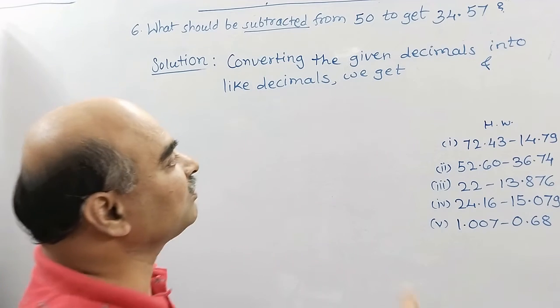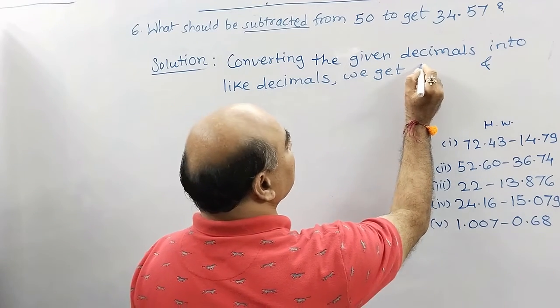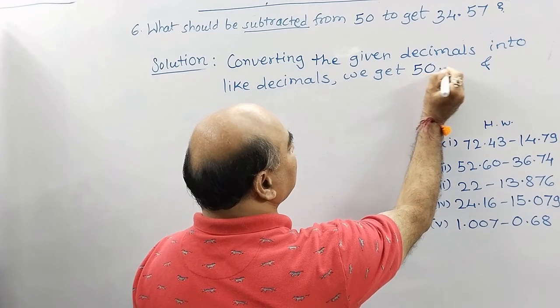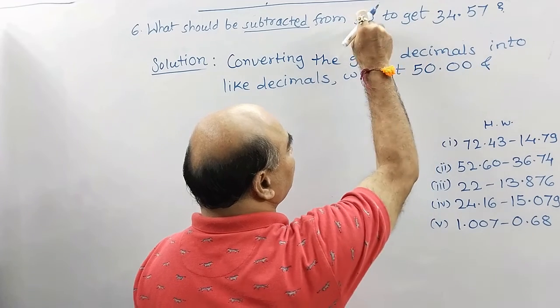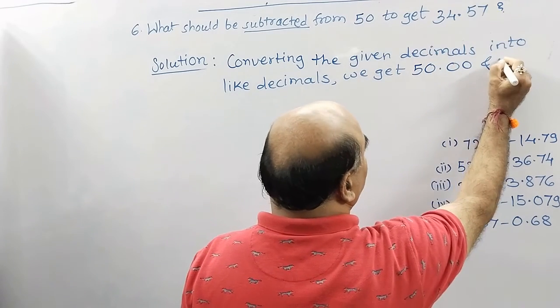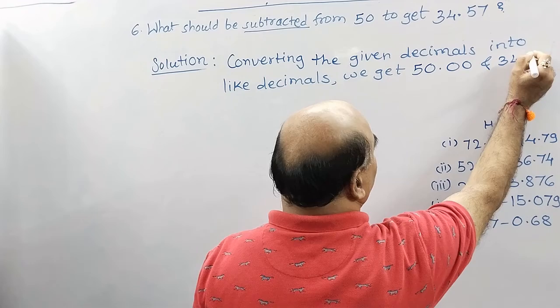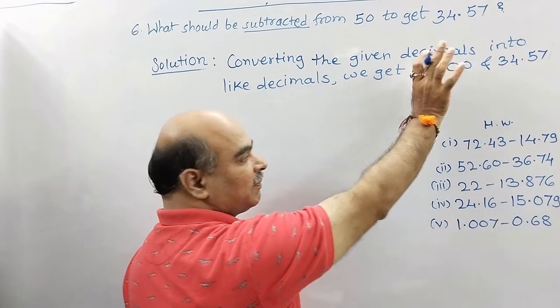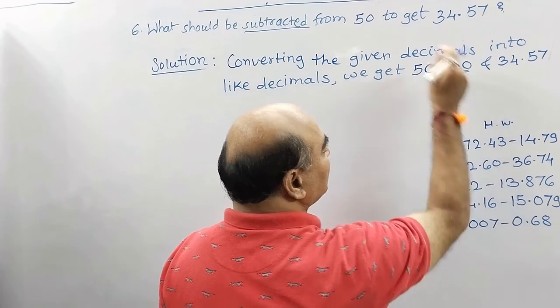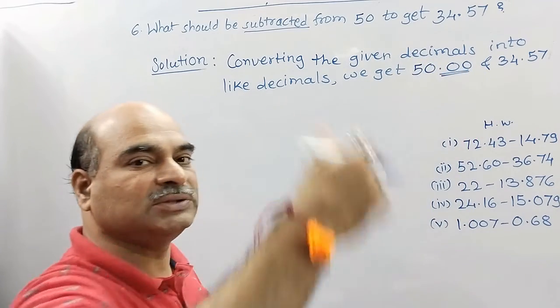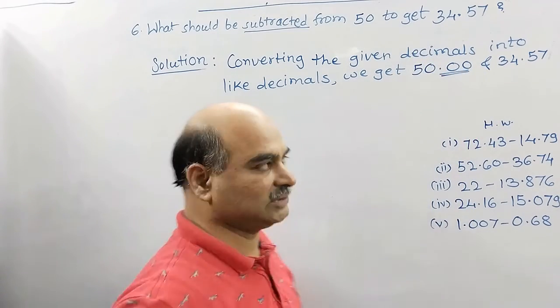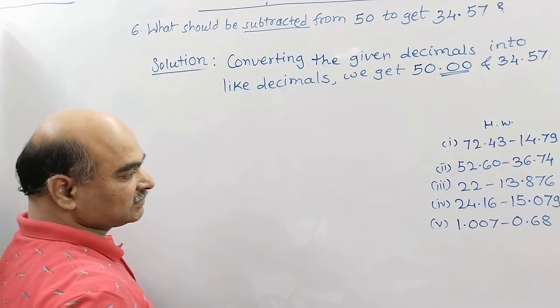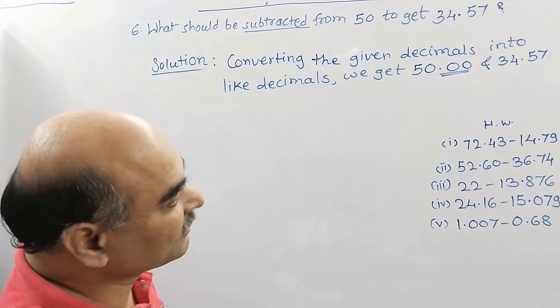So first of all, we have to convert them into like decimals. 34.57 has two decimal places, so we make 50 as 50.00.